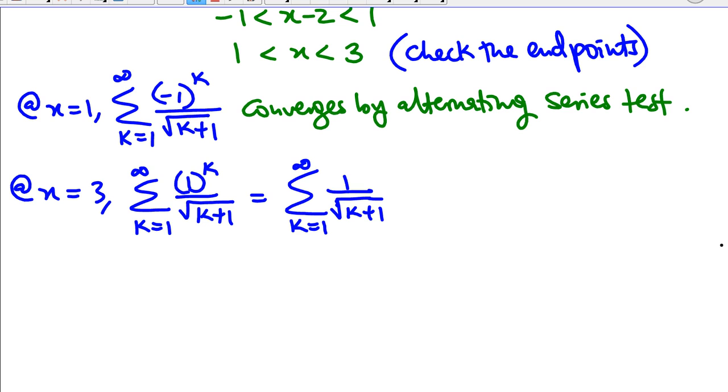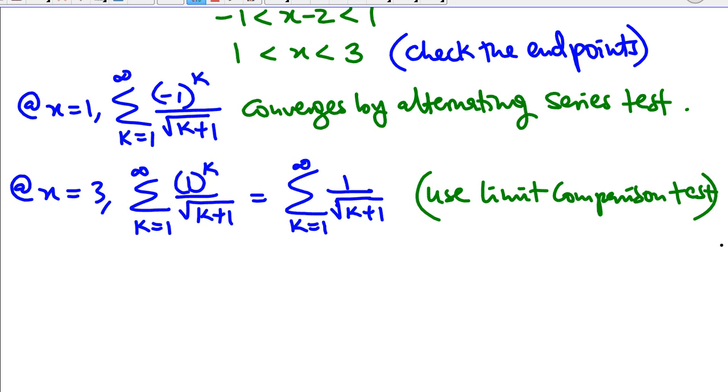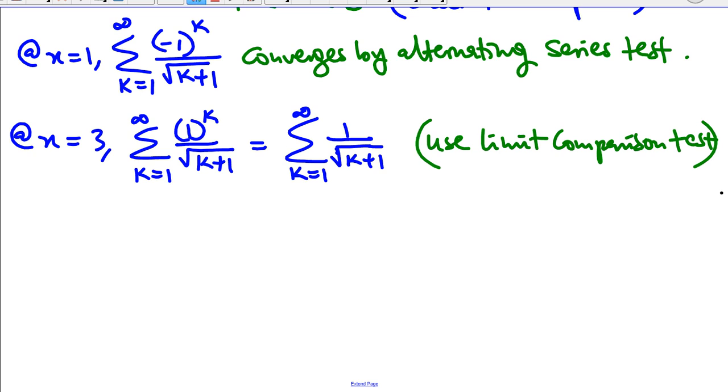limit comparison test. So I'm going to compare this with a series that I know diverges, and that will be 1 over square root of k, because by the p series test, that series diverges. So anyway, take the limit of the two.